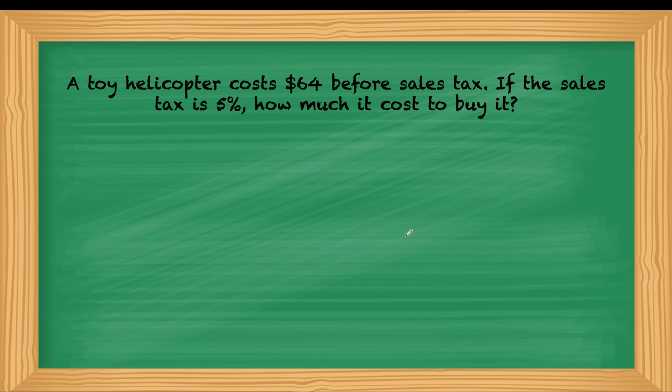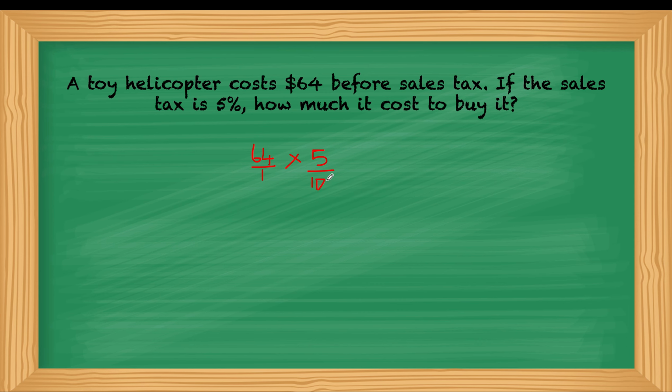Alright, excellent. So now let's discuss. You can also comment below your responses. Alright, so what we are going to do is have 64, and it doesn't matter the order in which it is written because we're multiplying. And then 64 over 1 times 5 over 100.